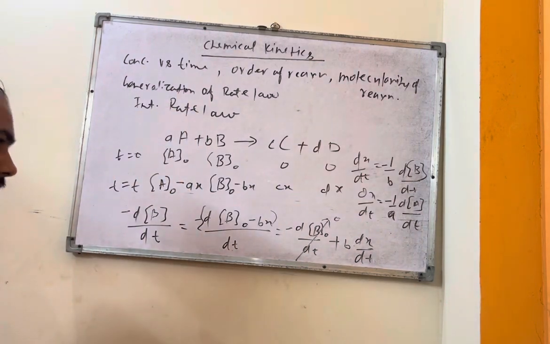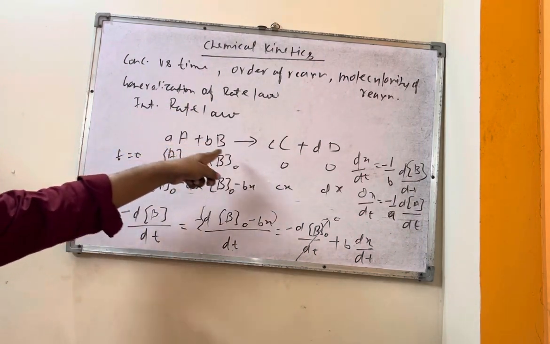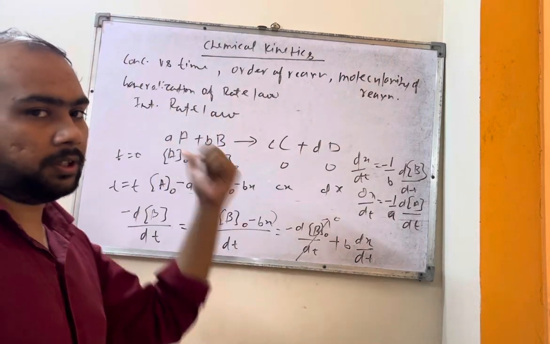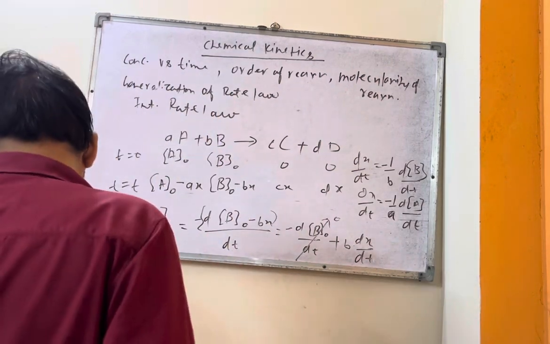We just have to replace A with B, and small a with small b. Minus we have taken in both cases because the reactants are disappearing, as we have seen in the instantaneous rate of the reaction.